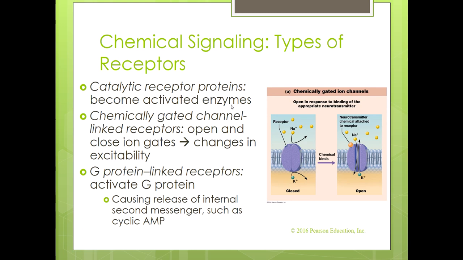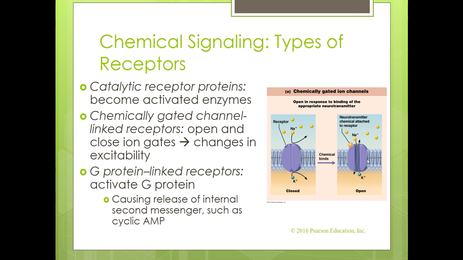If the receptor was a gated channel, well then, here's our little receptor protein, when the ligand binds onto it, then the channel opens, and that changes what we call excitability or responsiveness. And then the other major type of receptor that we usually find in our plasma membrane are what we call G-protein linked receptors.